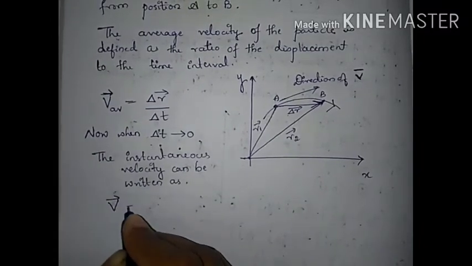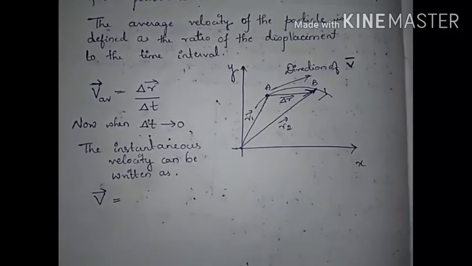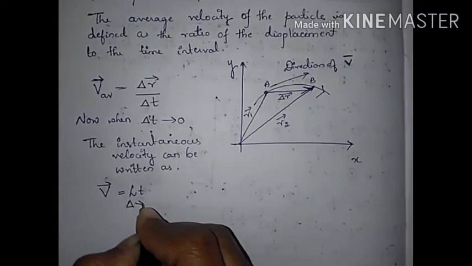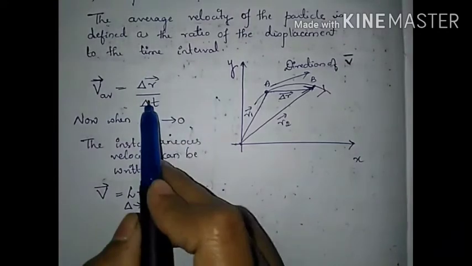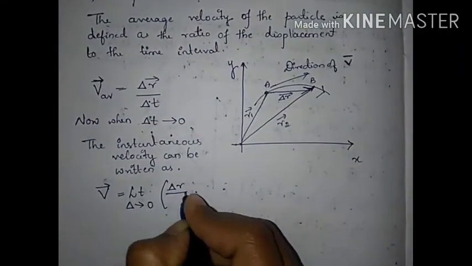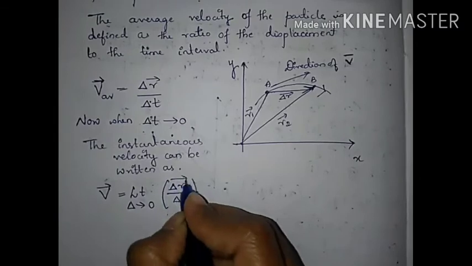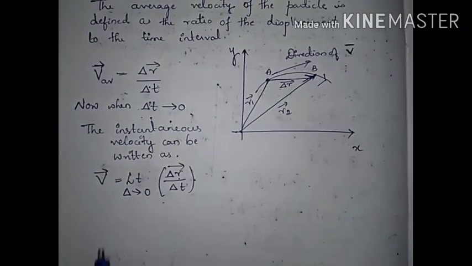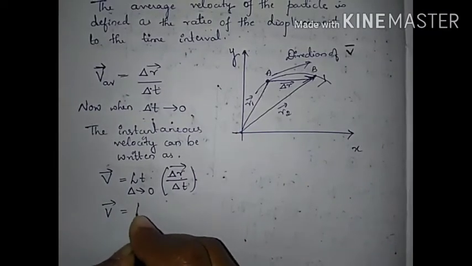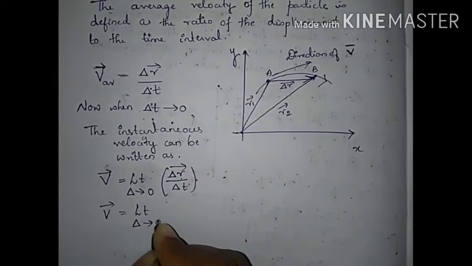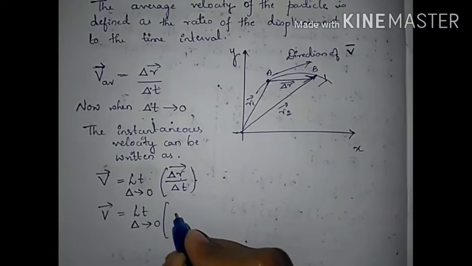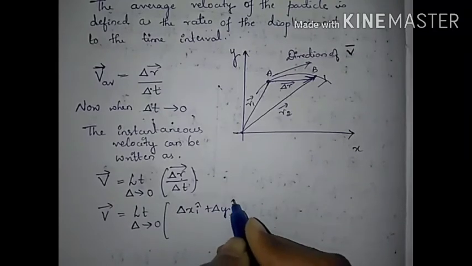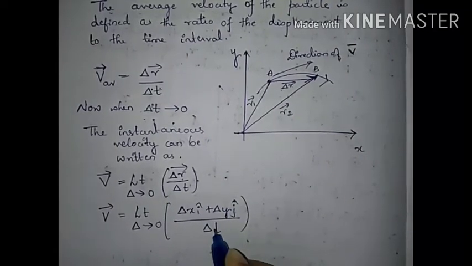V is equal to, so in instantaneous velocity we use limit delta t tends to 0. So we know V is delta r by delta t. This r you know from the last equation. V is equal to limit delta t tends to 0, and if you substitute r, you get delta x i cap plus delta y j cap divided by delta t.